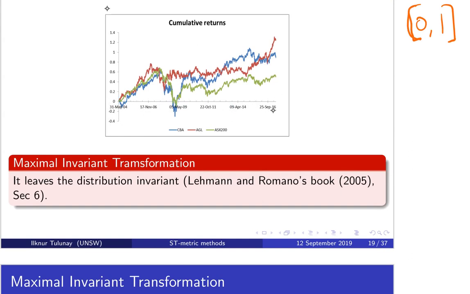So how this data appears, and the order of the timing, would not change. And by applying this transformation, we will obtain all this financial data, varying over many real numbers, into the 0-1 interval.